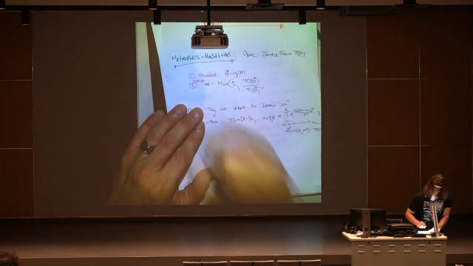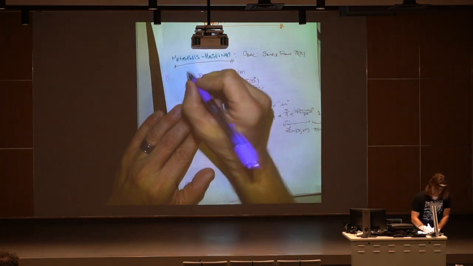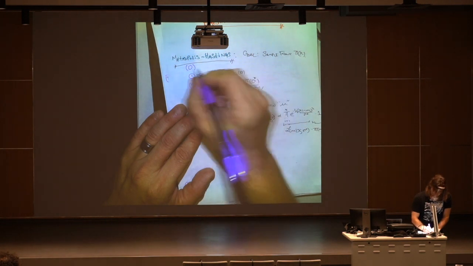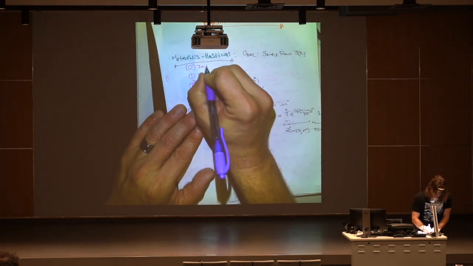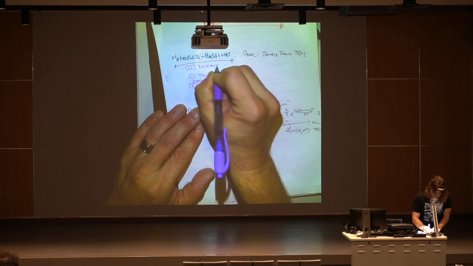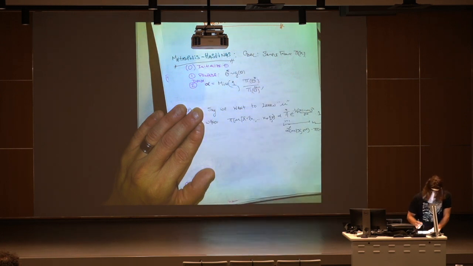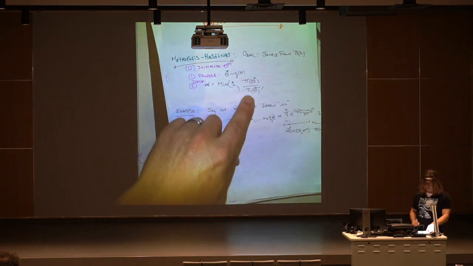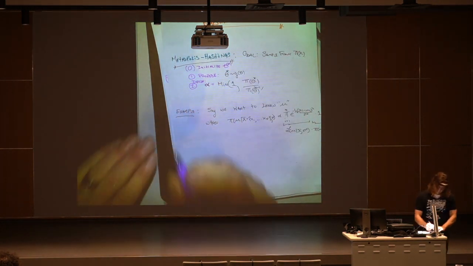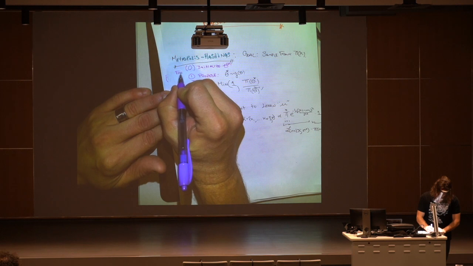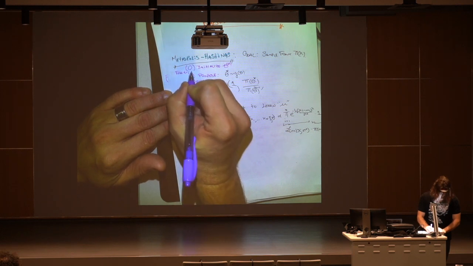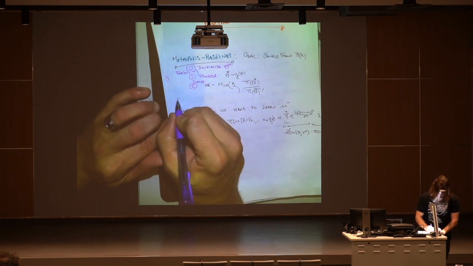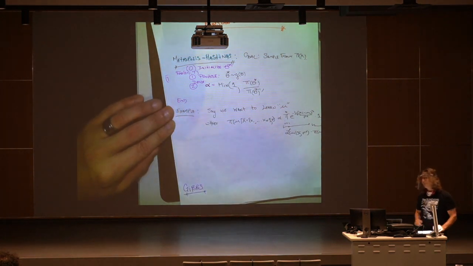So I need to introduce the initial step so this thing actually runs. Initialize theta 0. So on my first iteration, I have something to plug in there. That's our starting point. And of course, it makes a difference.